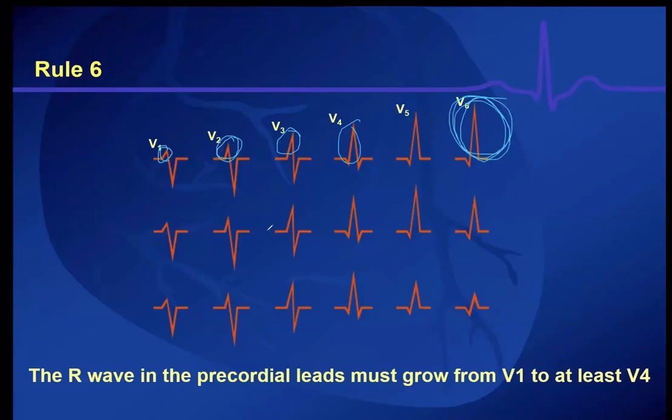In the second row, the R wave reaches its maximum in V5, which is also normal, and it is minimum in V1. In the third row, the R wave reaches its maximum in V4, and this is also normal. So this is rule number 6 for how you can estimate the R wave progression, which should be normal.